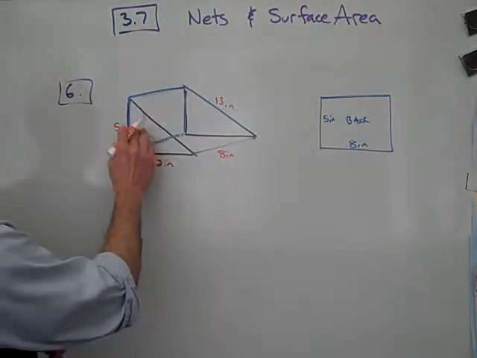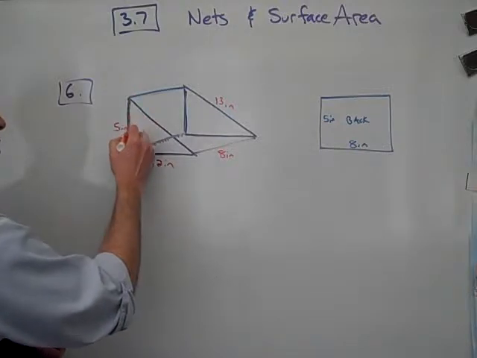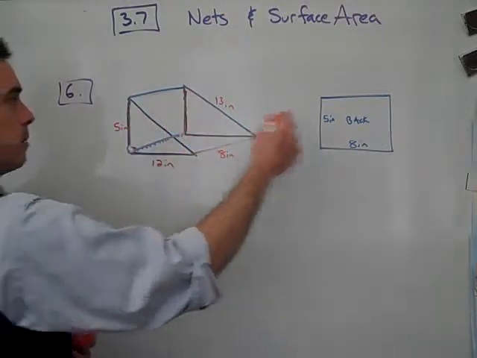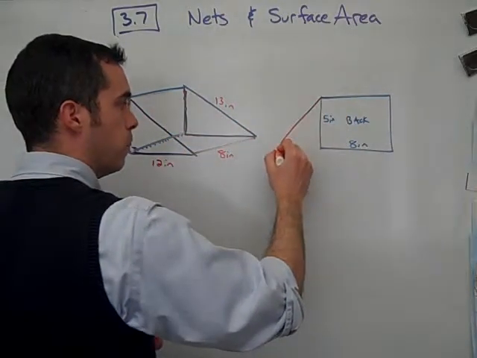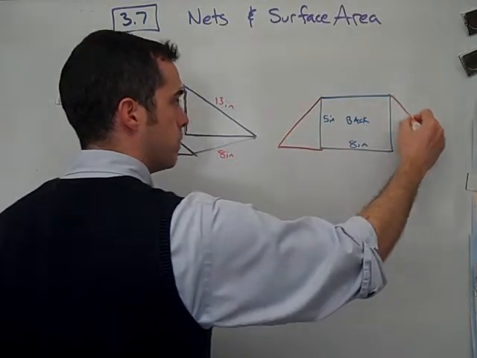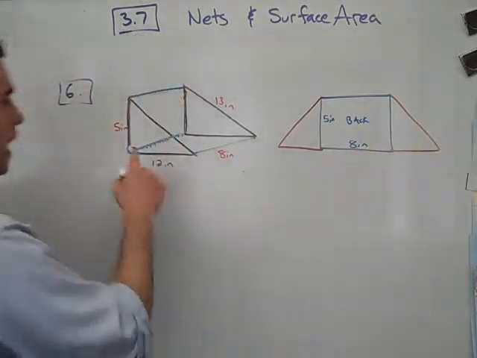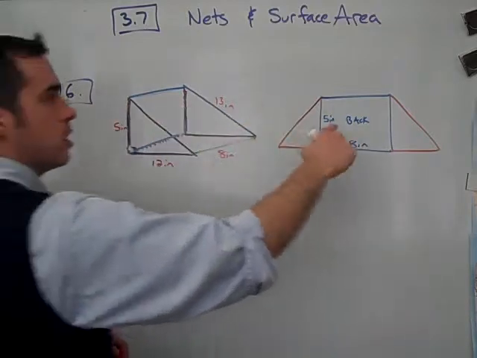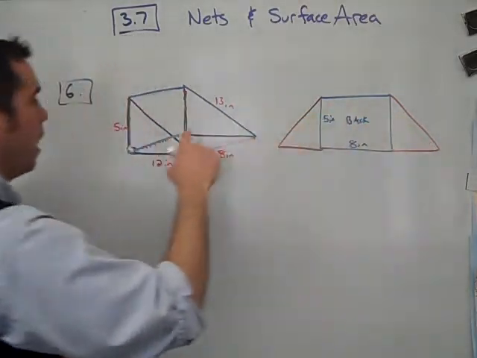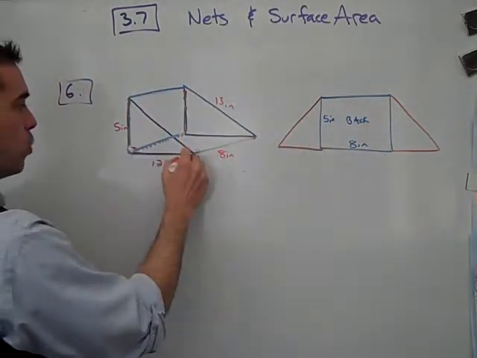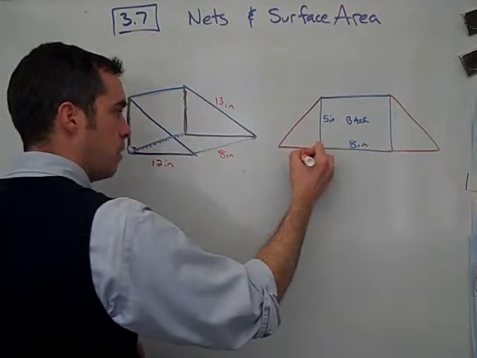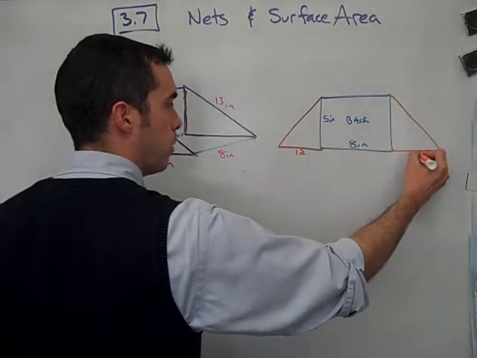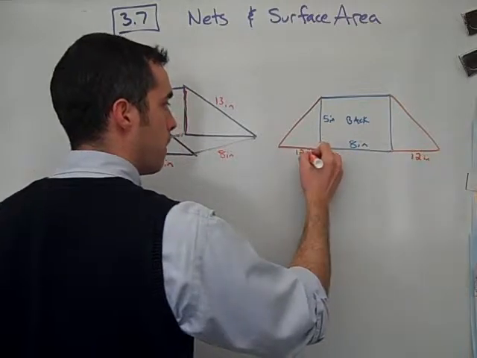Next, I'll do the 2 triangles, because the triangles share an edge with that back piece. So I am unfolding it here and here. And I already have 5 inches, 5 inches. I know that that's 5 inches as well. I have also a 12 here, so that's going to be 12 inches, and I'll write it over here again, 12 inches.